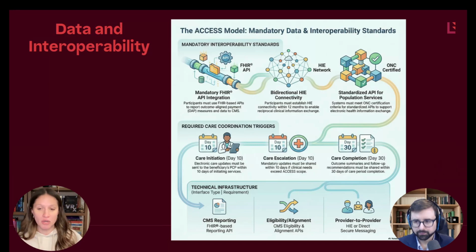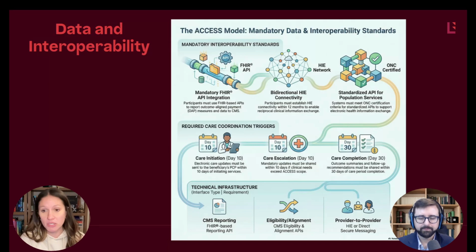If you're familiar with star ratings for different insurance plans, it's really important that if you're going to participate in ACCESS, not only do you feel confident that you can be successful for the benefit of patients, but that you're partnering with the right partners that you believe will all be able to work together to drive toward the right outcomes. Because if you don't do well or your partners don't do well, that's going to be public. So keep all of that in mind.